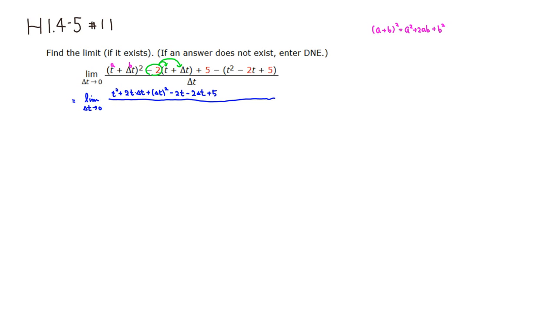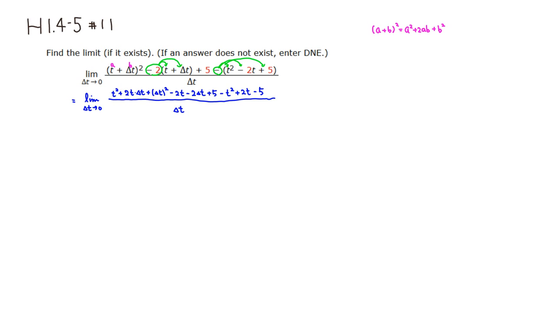And then we can distribute this negative sign to each term here, right? So we will get negative t squared, -2 becomes positive 2t, and minus 5, and all over delta t, right?